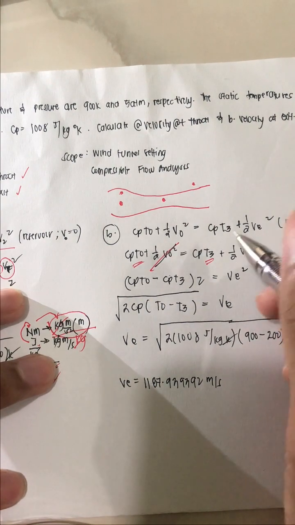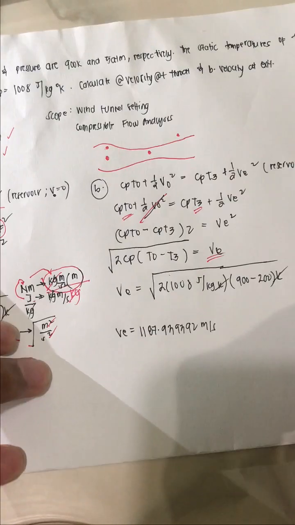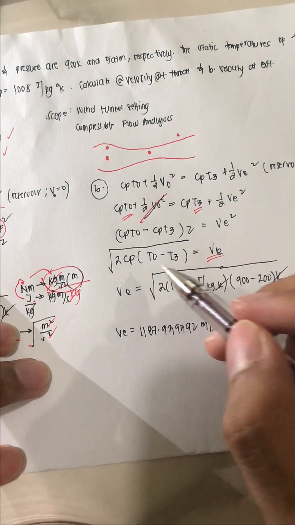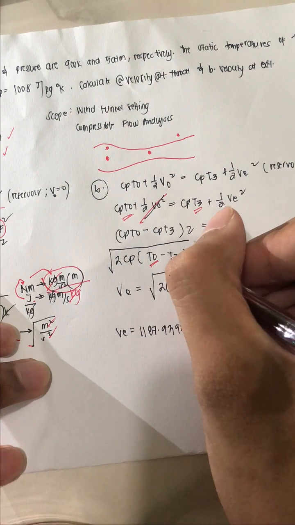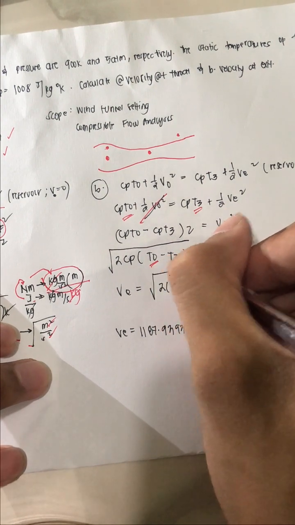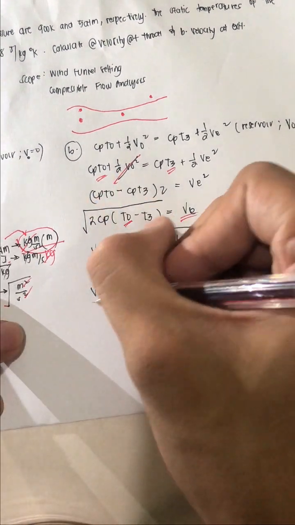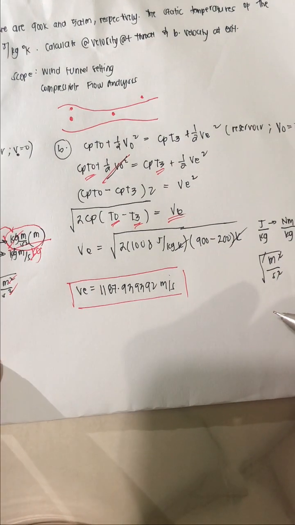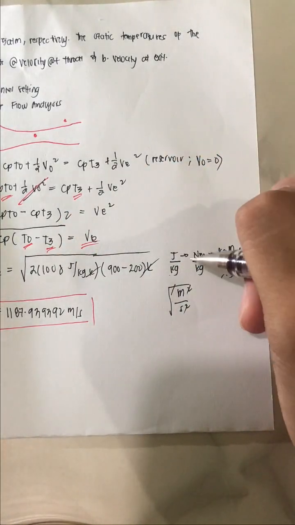Now, isolate the velocity. The velocity at the exit equals the square root of 2 Cp times the difference between T0, the reservoir, and the exit temperature. Having that, we have a final answer of 1187.939392 meters per second. Again, the dimensional analysis is the same as before.